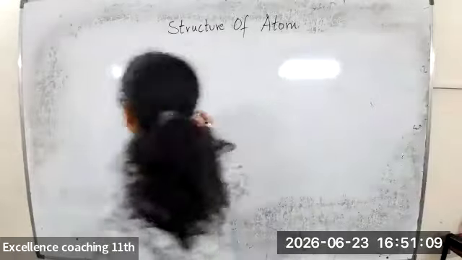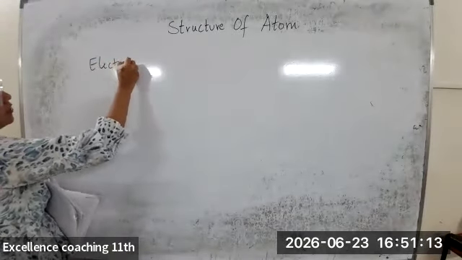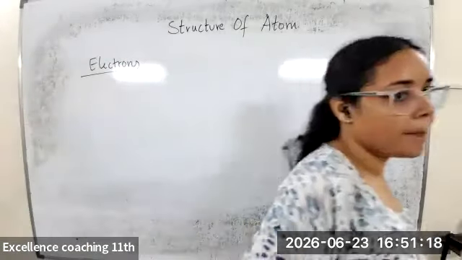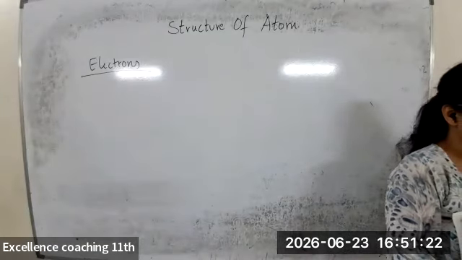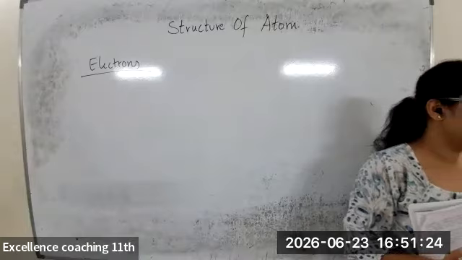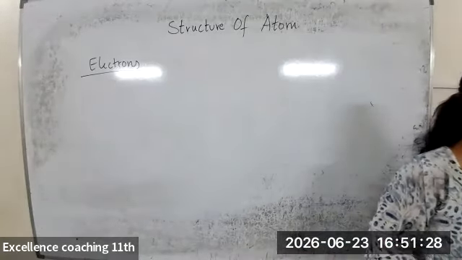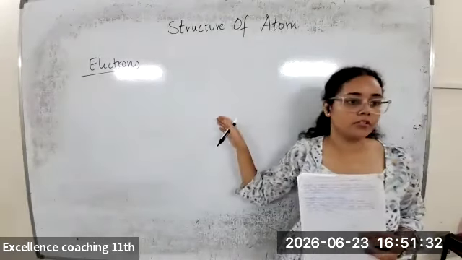So speaking about electrons, what are electrons? What idea do you all have when I take the term? Electrons are negatively charged particles, right? What else do you all know? Where are the electrons found?